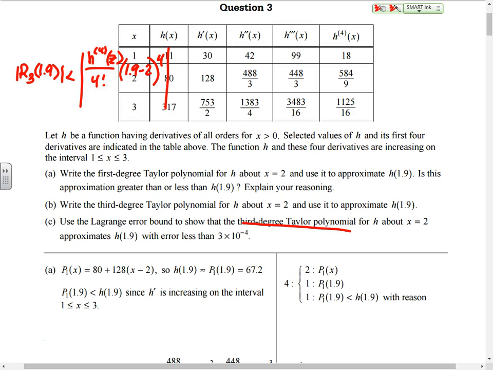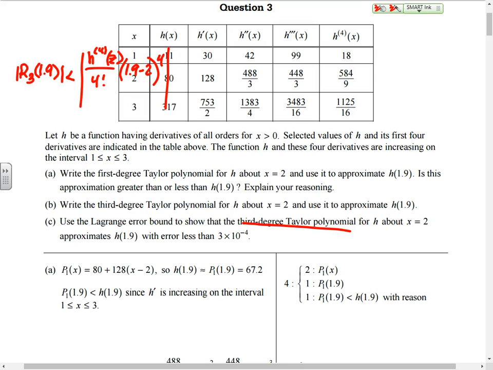I'll show you the answer key in a second. The point was for saying that since h to the fourth is strictly increasing, the maximum of h to the fourth of x on 1.9 to 2 is 584 over 9. They want you to show not only the number, but why.